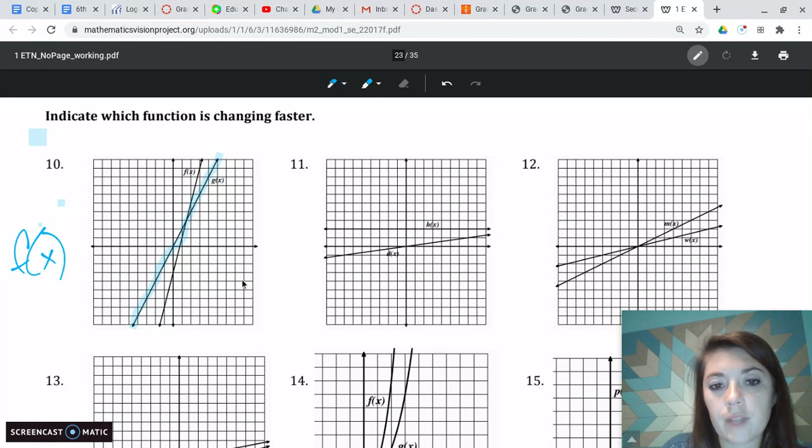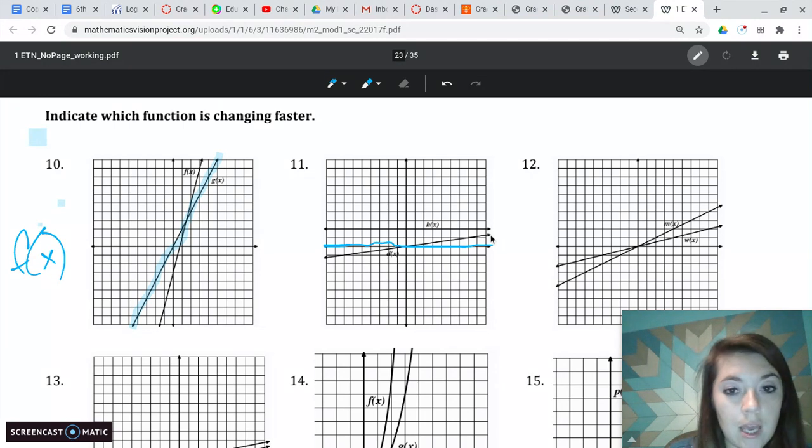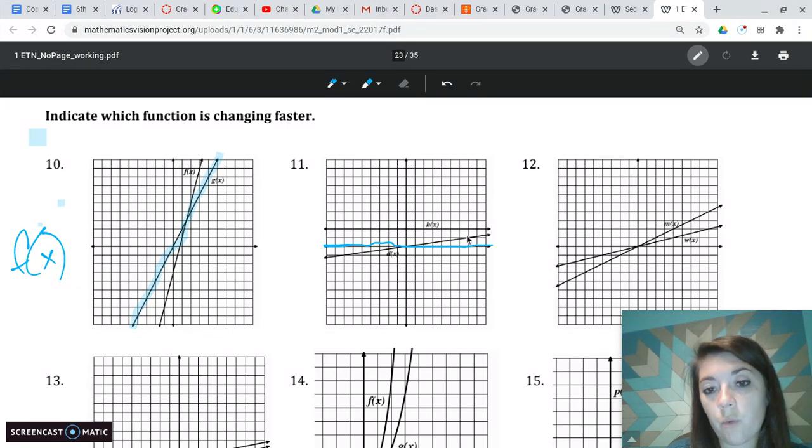With the x-axis, this right here that I'm highlighting, this is your x-axis, and your equation for h of x is up here, and then d of x is the diagonal line. So be really careful with that. So you're just going to base it off of what you can see and what you think will happen.